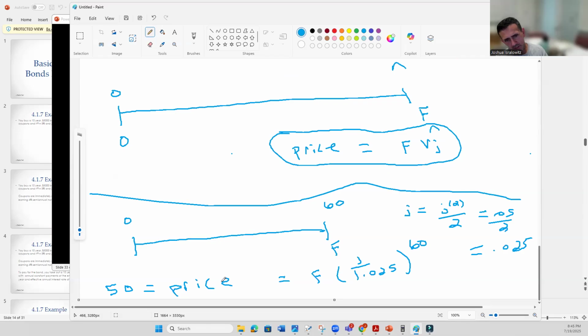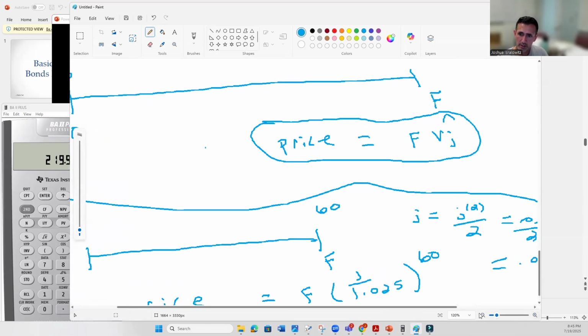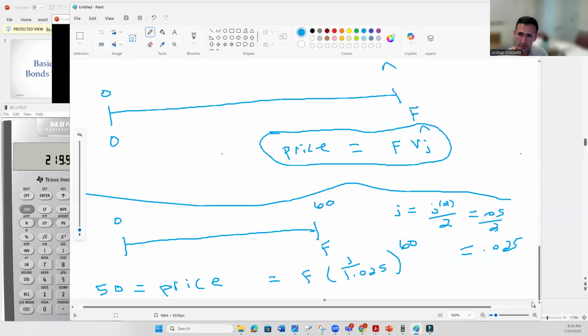Or you can think of it as investing $50 that's growing by 2.5% every 6 months for 60 periods. What does that accrue to? This is a good way to think about this. Either way, 50 times 1.025 to the 60 is 219.90. That is what you get back after 30 years.